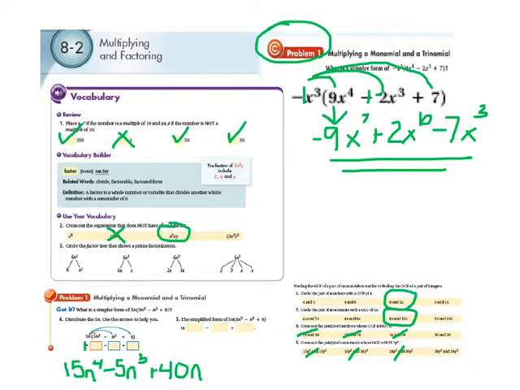Alright, for the got it one, or problem 1, you should have gotten 15n to the fourth minus 5n cubed plus 40n. And then over here in this section, this part might have been a little trickier for you. We wanted to find the ones that had the greatest common factor of 4, and that was only this pair right here.